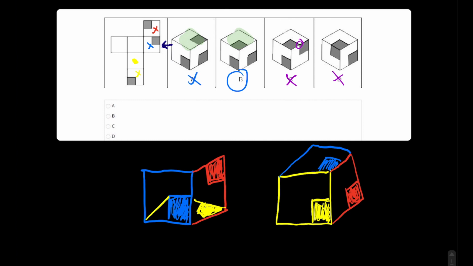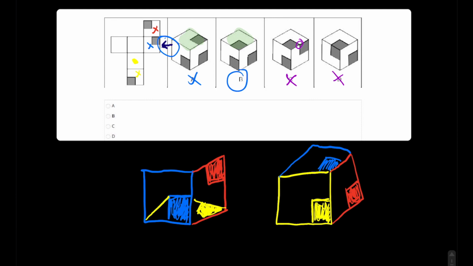So hopefully this clears it up, and hopefully I laid out some strategies that will be helpful for you. The first thing is to look at the answers and understand what perspective you need to be looking at this object in. In this case, we chose a perspective. We started with this blue square, and we had to make one rotation, which is fairly simple, in order to exactly align it with the answer choices.